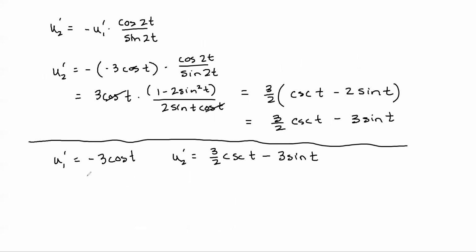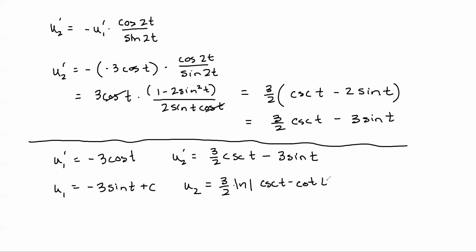We could integrate, right? If you find the antiderivative of both sides, you're going to get u1 equals -3 sine t plus c. And then if you integrate here, you're going to get u2 equals 3/2 times the antiderivative of cosecant of t, which is natural log cosecant of t minus cotangent of t.